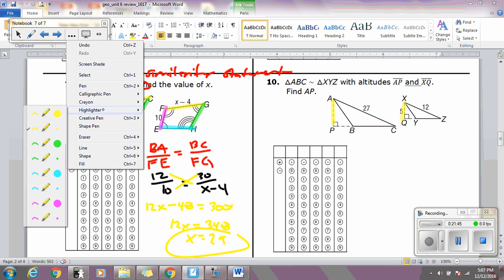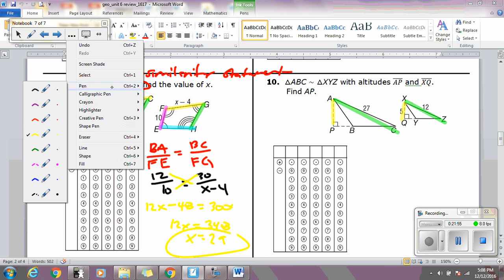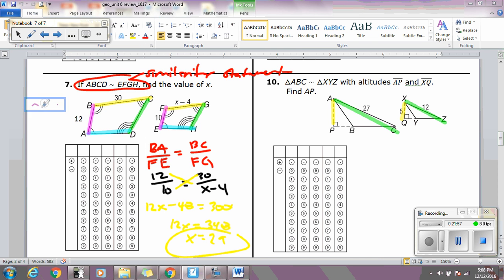And then they give us another pair of sides that are also proportional. This side AC is proportional with XZ. Now that you know the proportional sides, set up your proportion. So AP is like XQ as AC is to XZ.